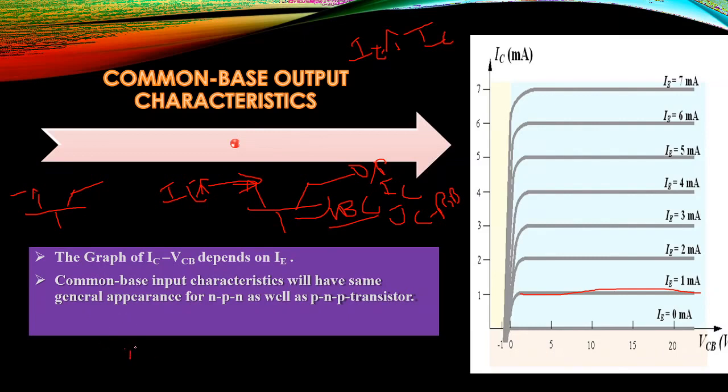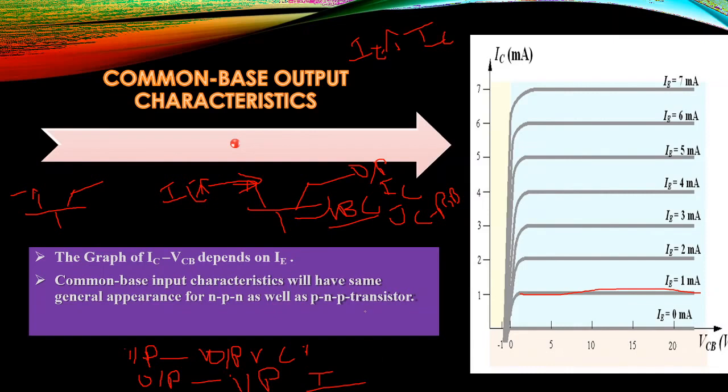So for analysis of input characteristics, maintain the output voltage constant. In order to study the output characteristics, the input current should be constant.